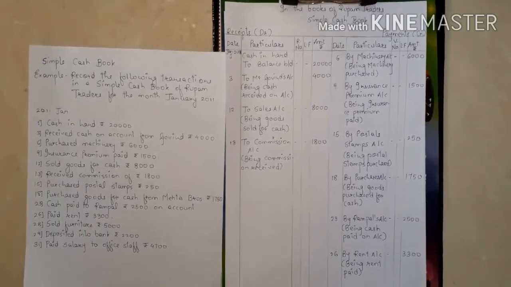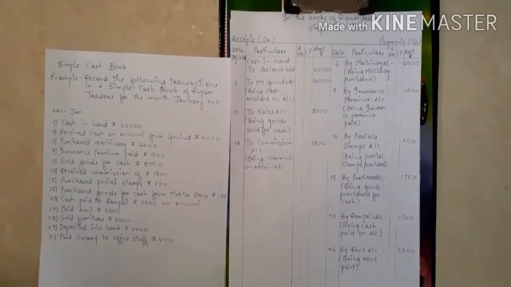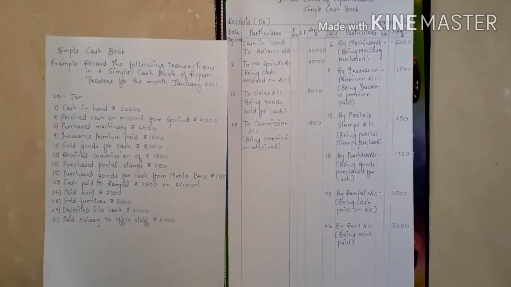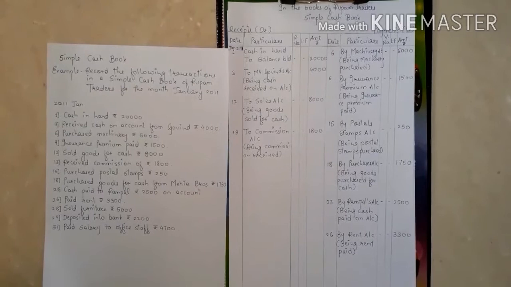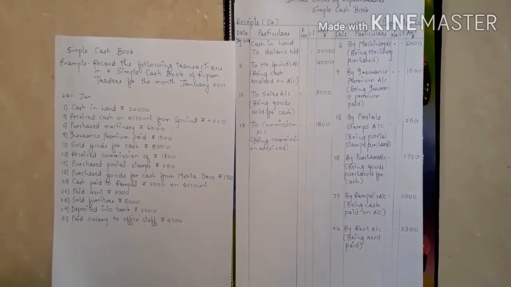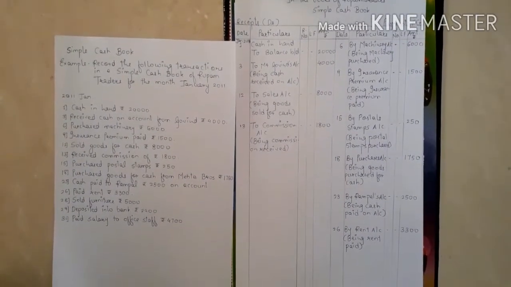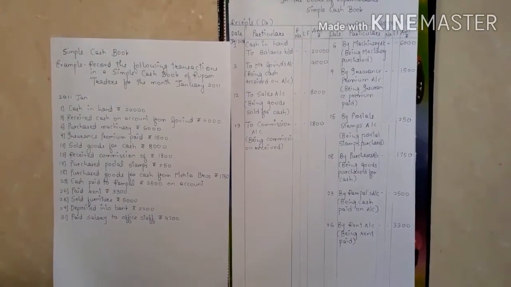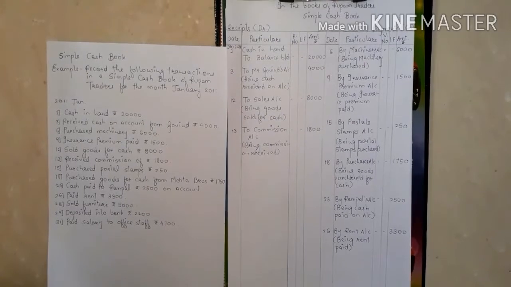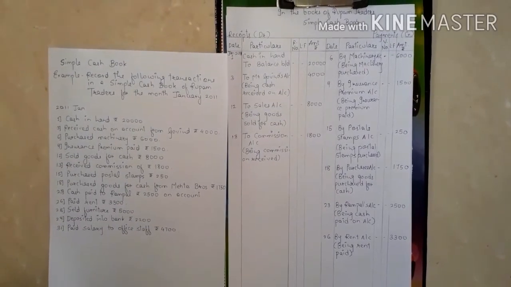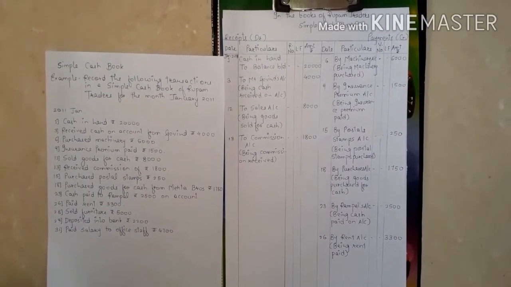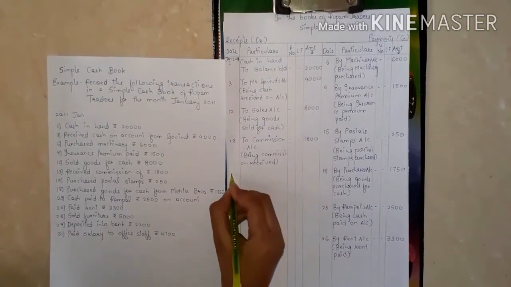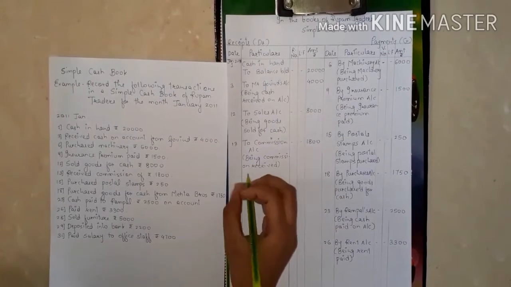Okay. Next, sold furniture rupees 5,000. Now here this is the profit for Rupam Traders. Since we have sold furniture, so we have to write down this in the receipt side. Now why receipt side? Because we have sold furniture of rupees 5,000 and Rupam Traders is receiving that 5,000 for sales. That is why cash comes in the business. So we have to write here in the receipt side.